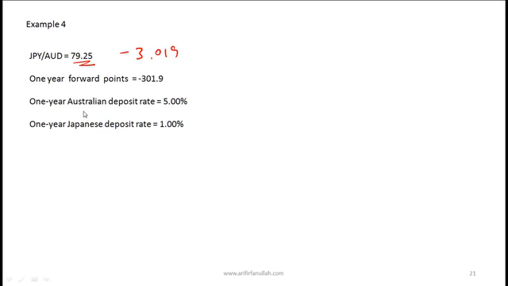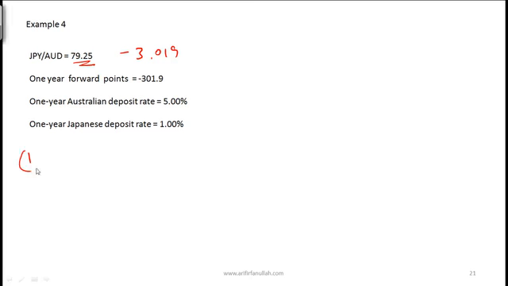We are also given the exchange rate on a 1-year Australian deposit and on a 1-year Japanese deposit. And the first question now is, based on uncovered interest rate parity over the next year, the expected exchange rate change in Japanese yen to Australian dollar is closest to what?